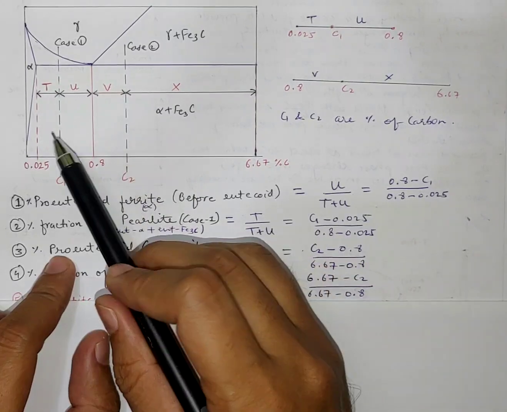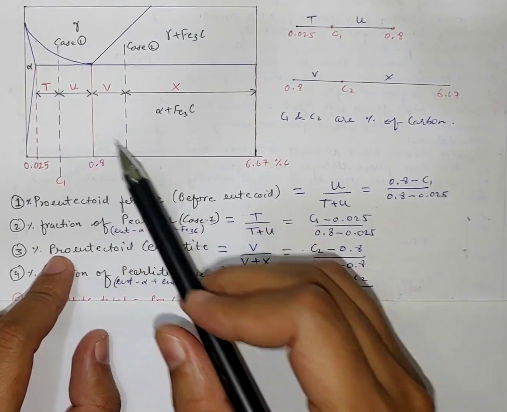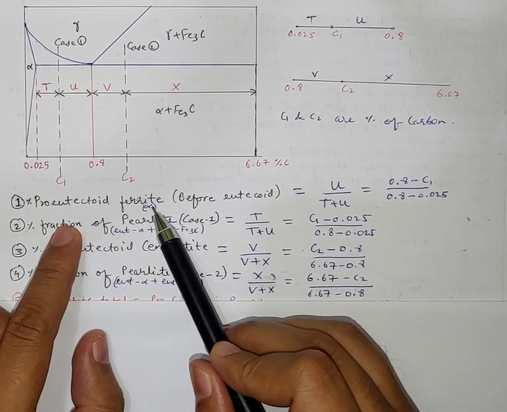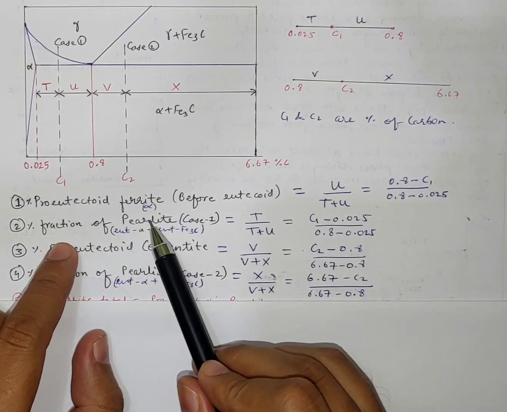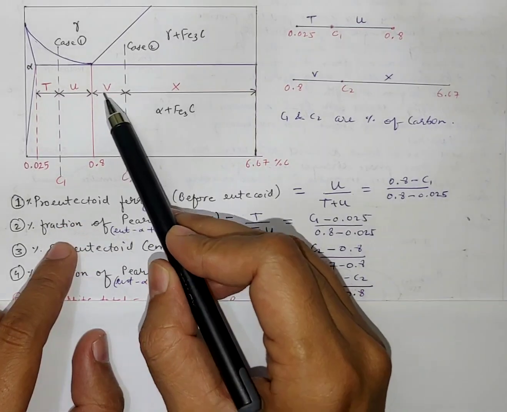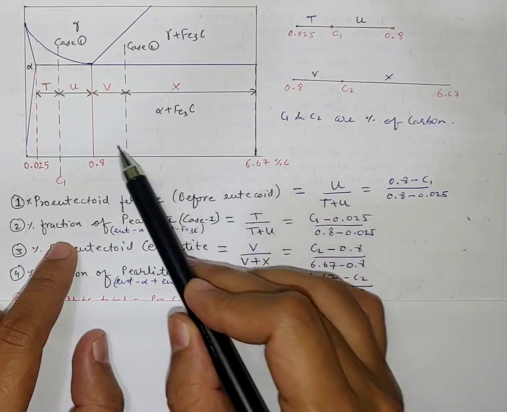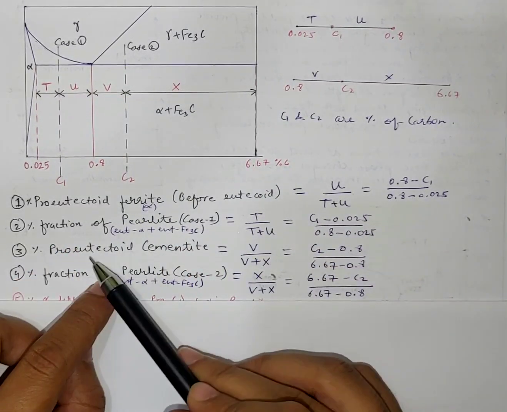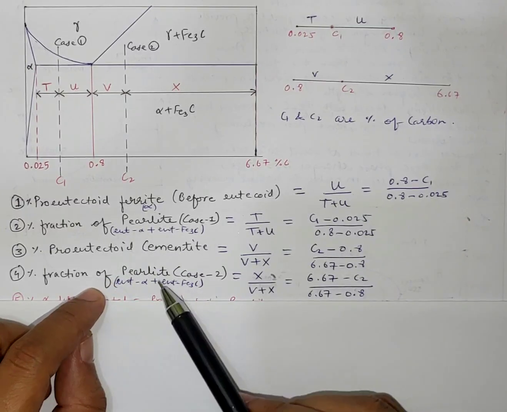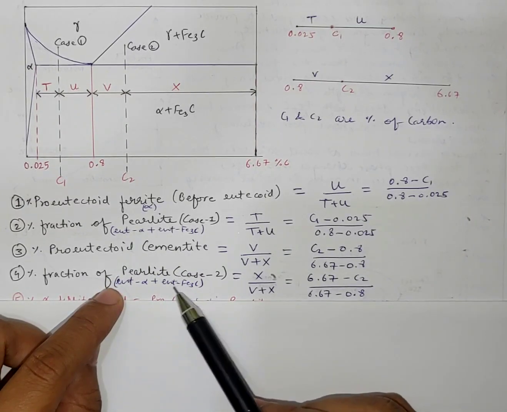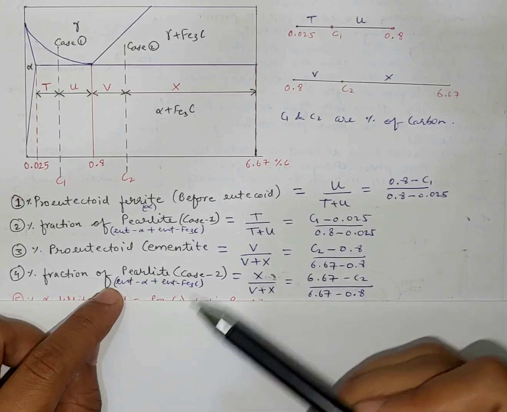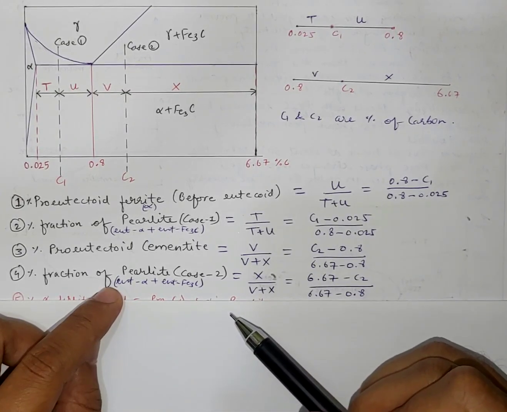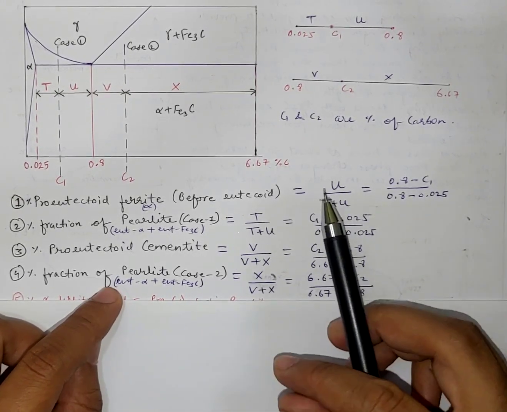Here if we have to calculate total alpha, then we have to calculate proeutectoid alpha plus the alpha present in the pearlite form. Similarly, if you want to calculate cementite in this region, we have to calculate proeutectoid cementite plus the cementite present in the pearlite formation. So we have to add these two, but we can directly calculate from the total line.